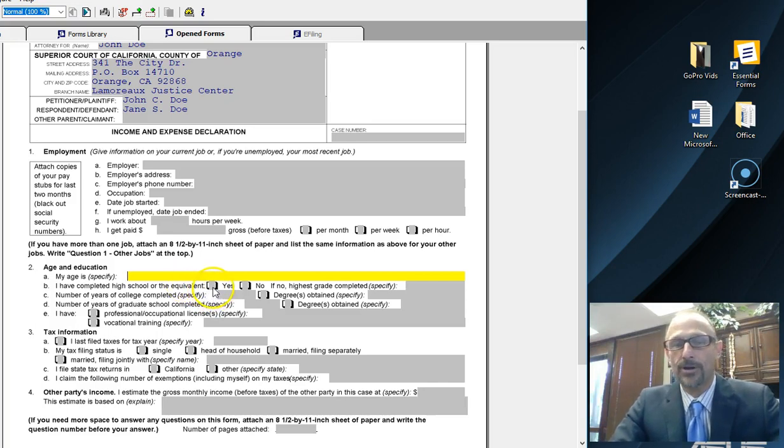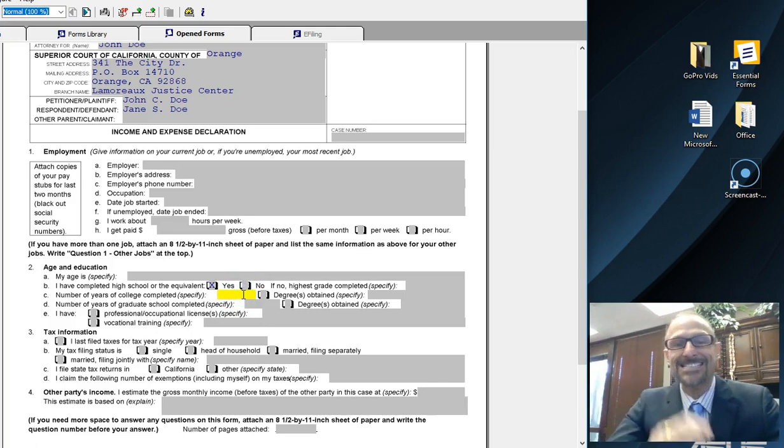If you have, mark yes. If you have not, mark no. If you did not graduate high school, but you only got through 11th grade, you're going to mark no and put 11 over here. If you did graduate high school, or you got a GED or an equivalency, just mark yes.